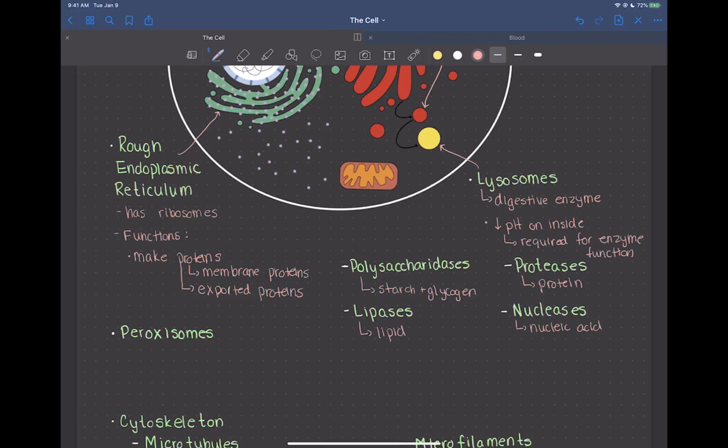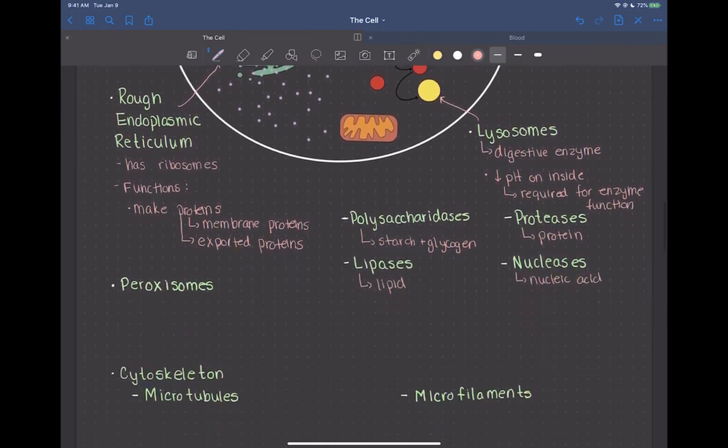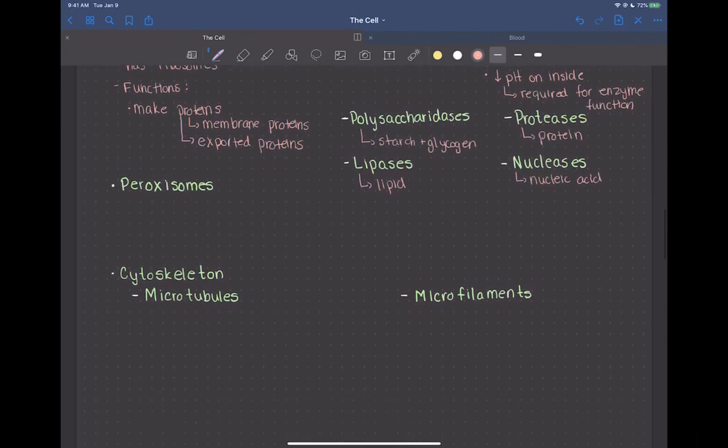And so then there are also peroxisomes. I don't have any peroxisomes drawn on this picture here, so we'll just talk about the function of a peroxisome. Peroxisomes are membranous, so they're surrounded by their own separate membrane, and they function to detoxify, similar to the smooth ER.